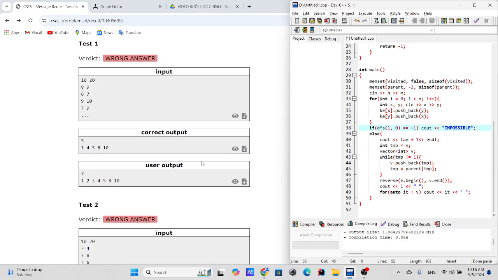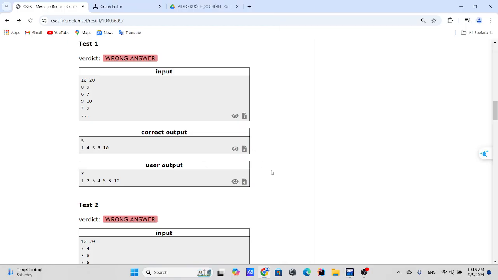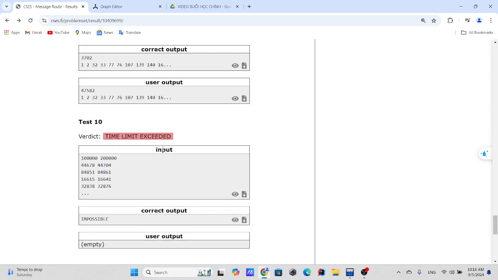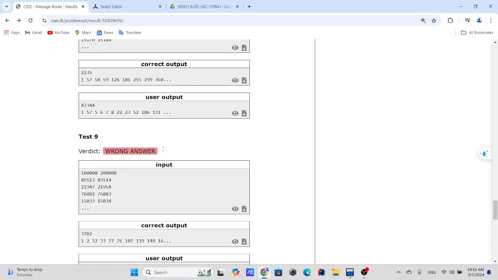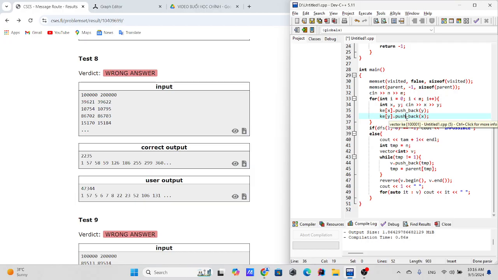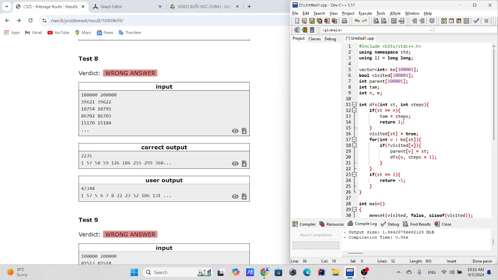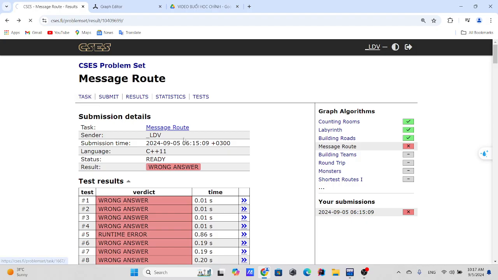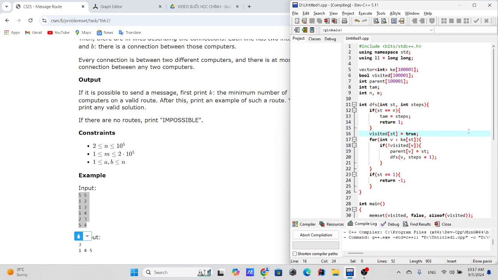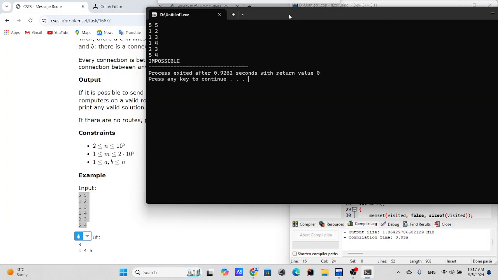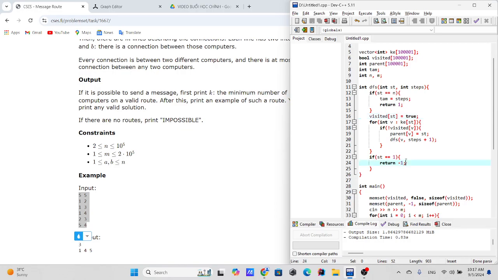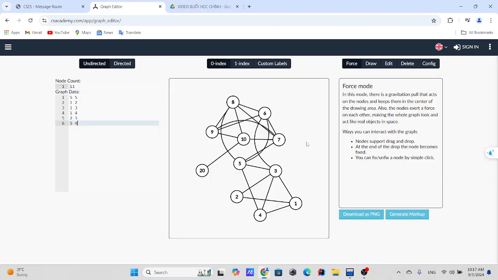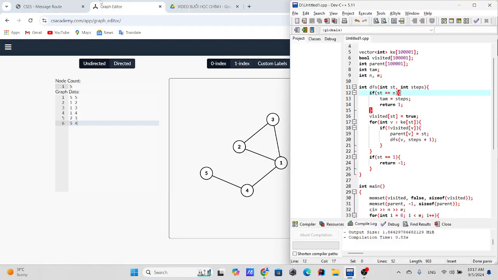Yeah, something is wrong here. Something is definitely wrong here.